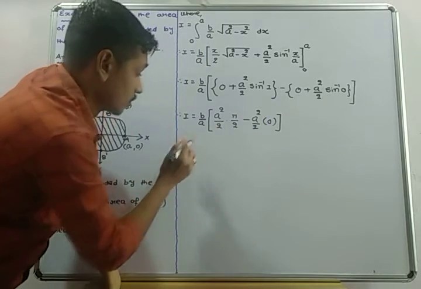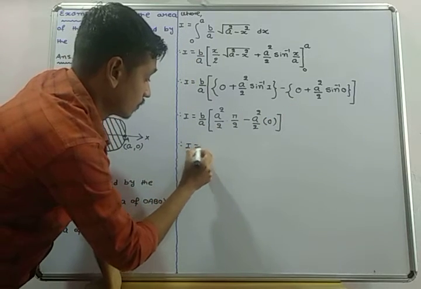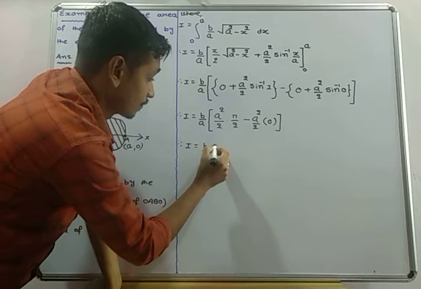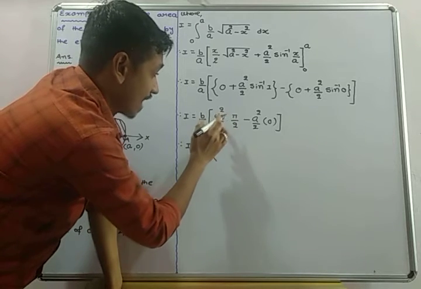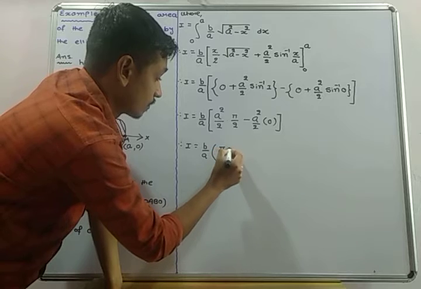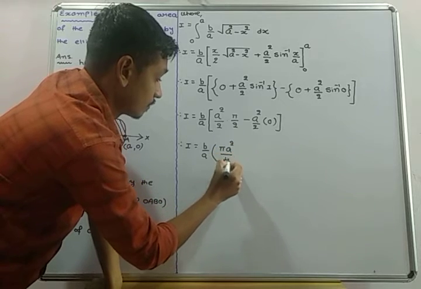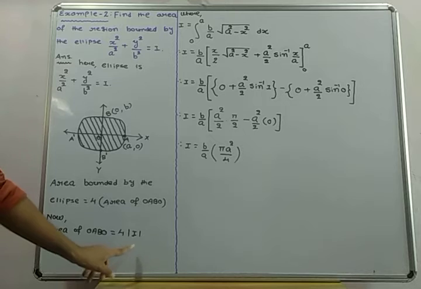So this is 0. Now I equal to b by a into pi a square by 4. So this is the value of I.